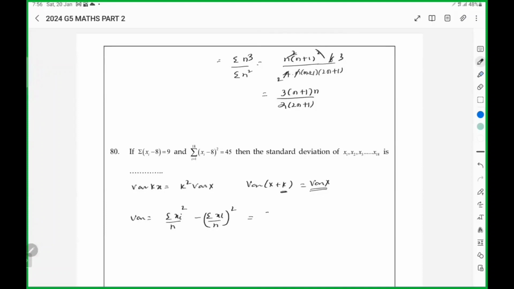Even if you write here, what you are doing is just subtracting 8 from each and every term. There won't be change in the variance.